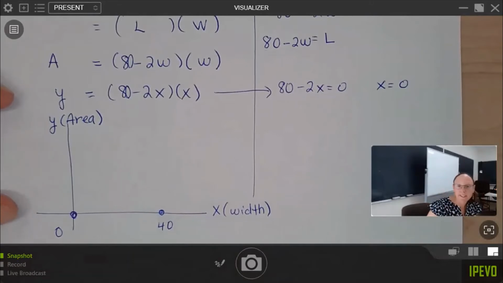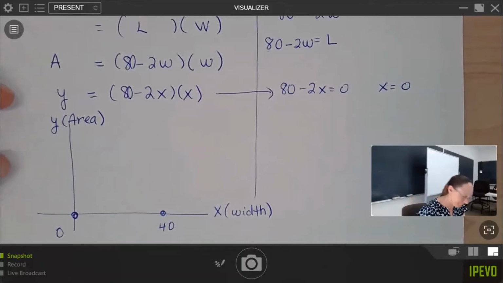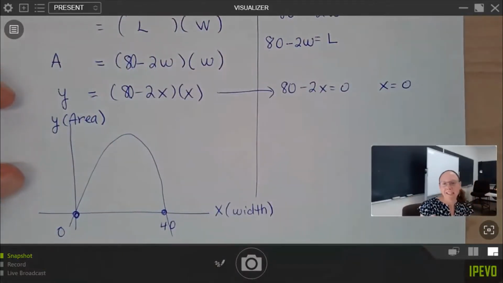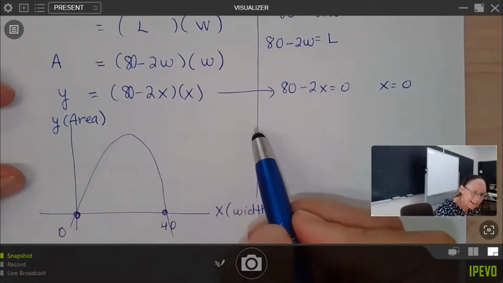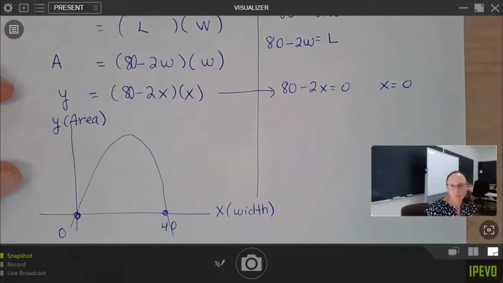There are two reasons that I know this parabola has to be concave down. The first is it asked for the maximum area, so it has to be concave down. The second reason is that if we multiplied this out, the coefficient on the x squared term would be -2. So that would also tell me that it's concave down.